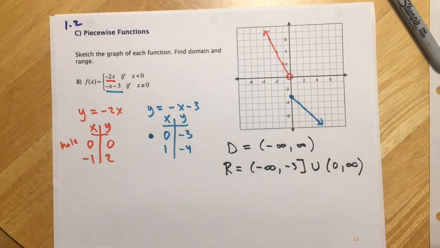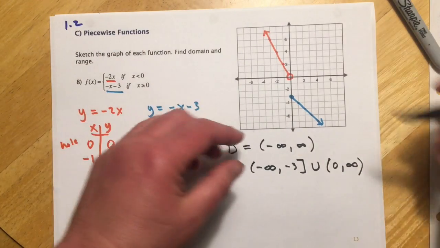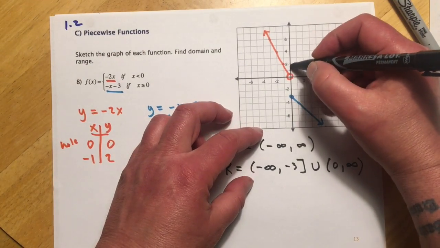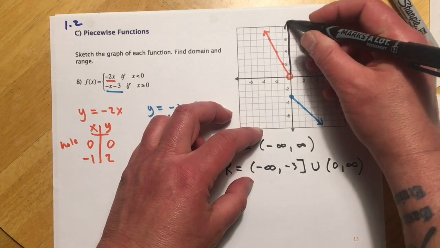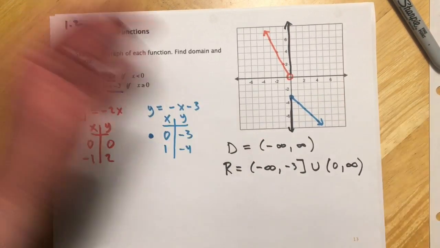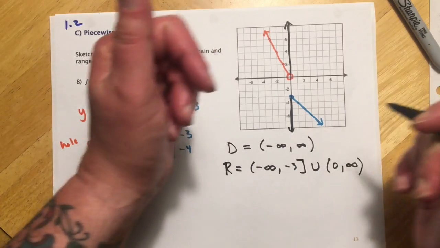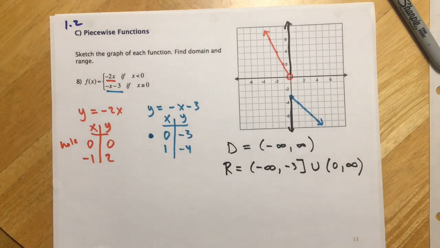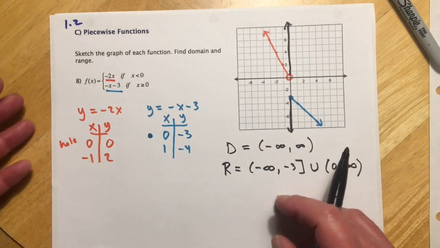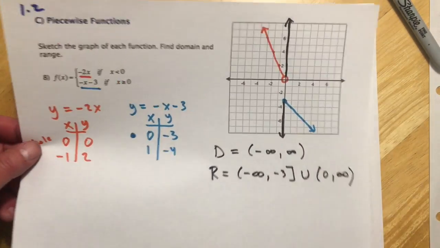For some people, if you think of a flashlight shining on this, any place it casts shadow, which would be all up in here and all down in here, right? If I had light shining on it, anywhere there's shadow, that's going to be your range. So sometimes one of those two sort of helps people see what's going on with that.